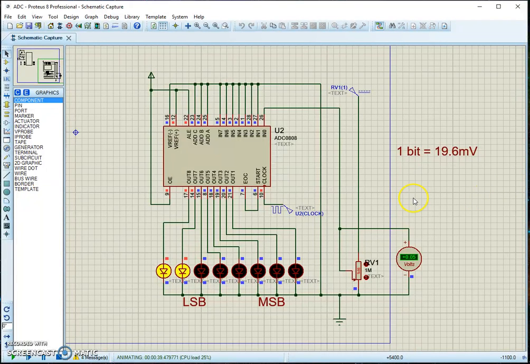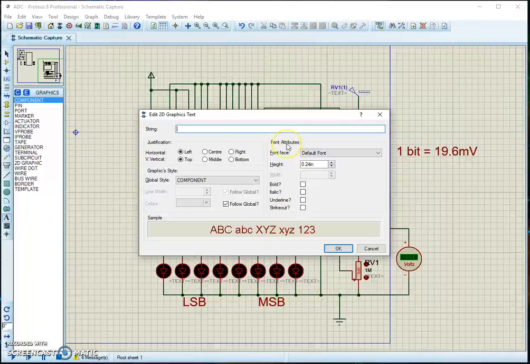So let me type it here. It should get 58.8. So if I type it, we now have 3 bits representing our binary. 3 bits equals 60 millivolt.